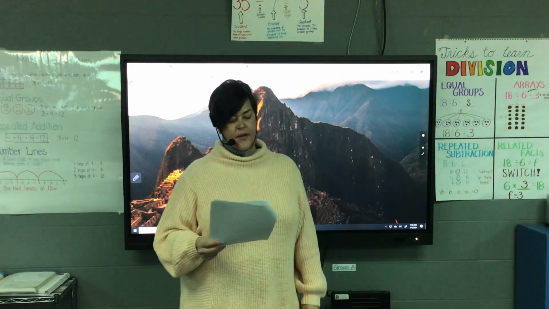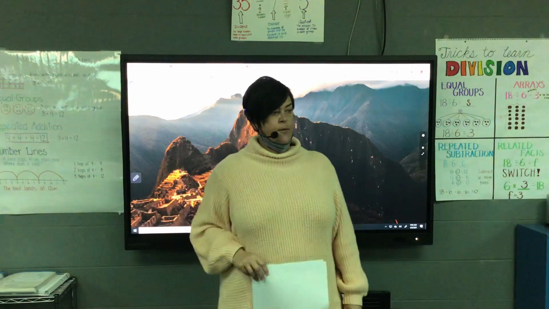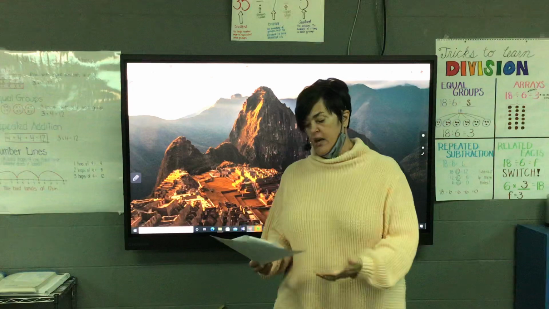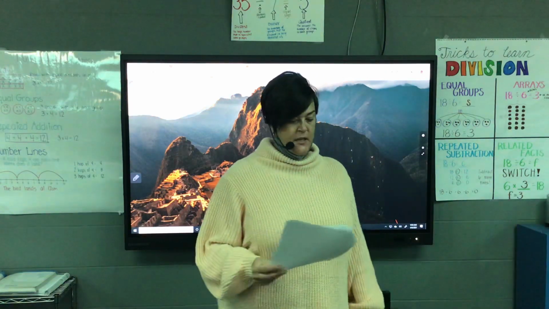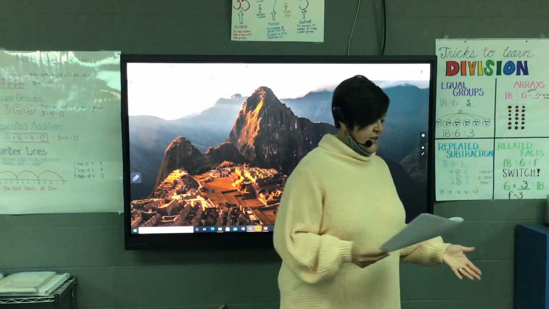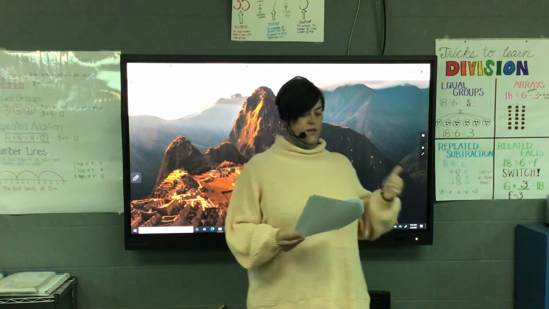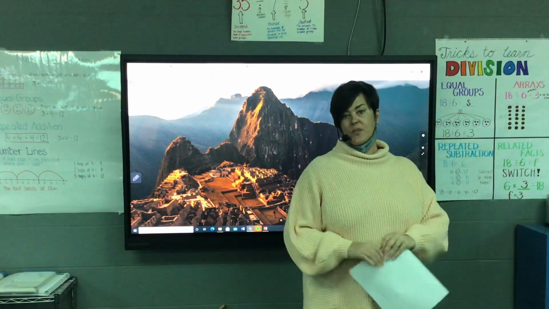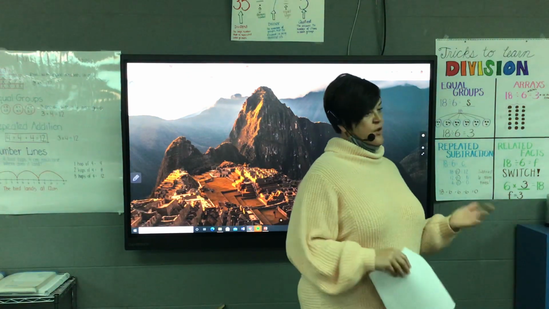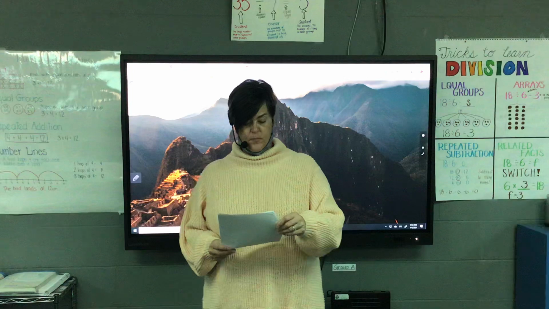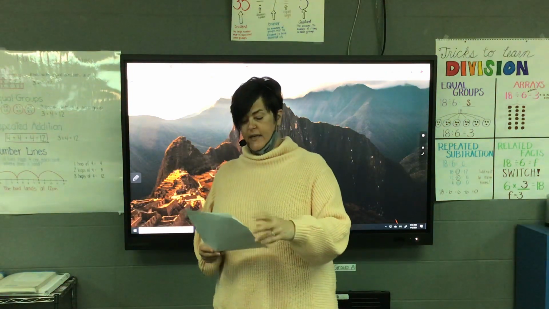What is the author's purpose? Remember, it's either to persuade, that means you're trying to talk the reader into doing something or to feel a certain way. It's to inform, to give facts, factual information, to entertain, or to explain.